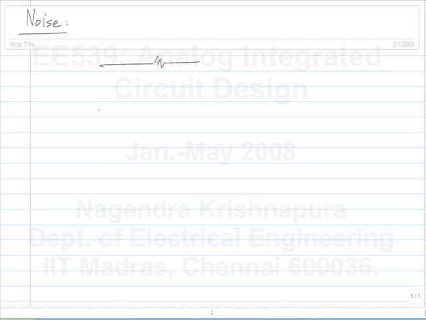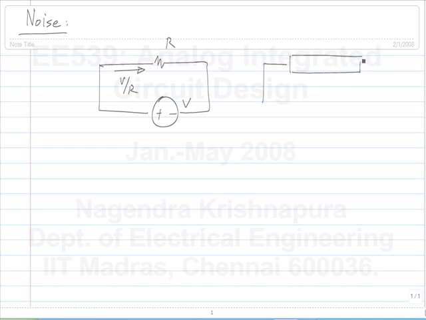Let's say we have a resistor R connected to a voltage source V. What is the current? It should be V by R. This is what is familiar to us. Physically, a resistor could be a bar of some resistive material, it doesn't matter what.